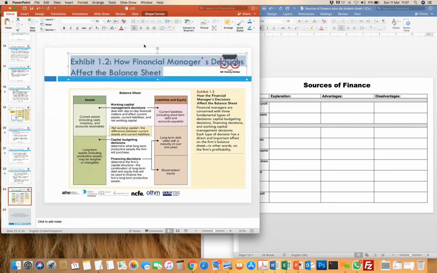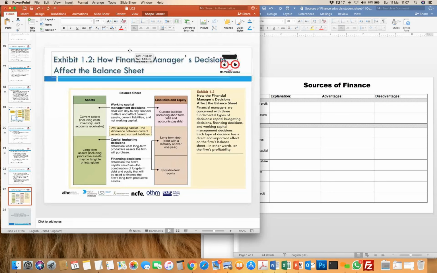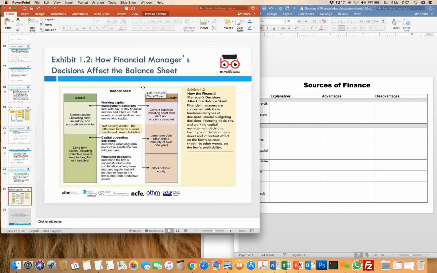Now, this particular exhibit summarizes how a financial manager would look at statements on a short-term and on a long-term basis. So when you look at a balance sheet, what are the decisions which the financial manager, or the person responsible for managing finances, would look at on a longer-term basis?